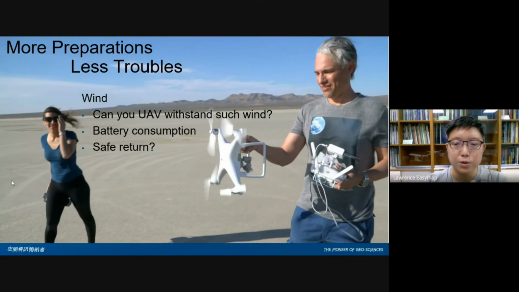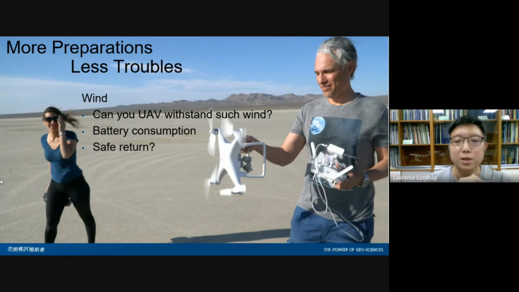And also, even though it can take off or land, in order to withstand the wind, the UAV will consume a large amount of battery. So it means that it can't fly as long as it is supposed to. And sometimes, when you fly the UAV to some far distance, can it return home safely?